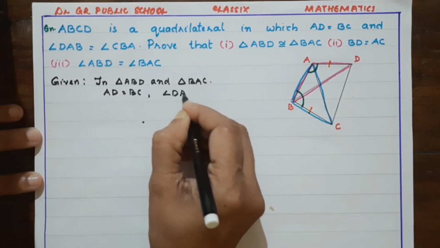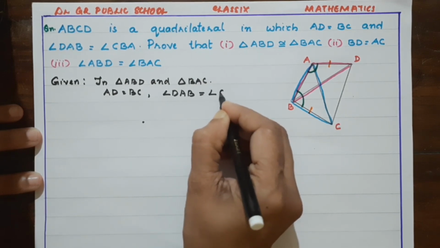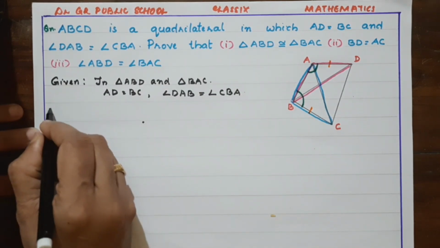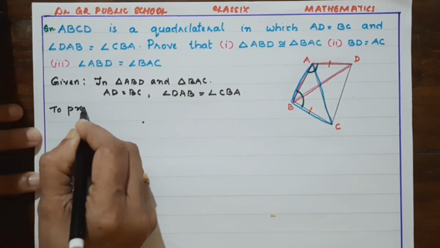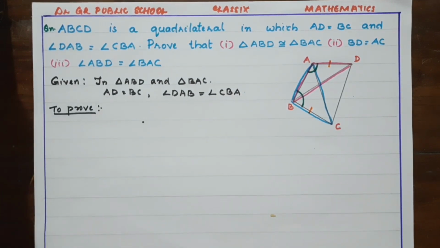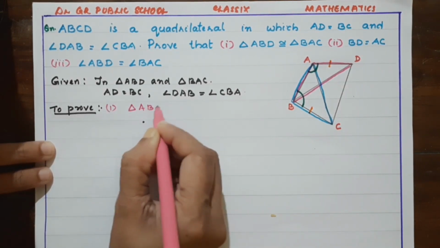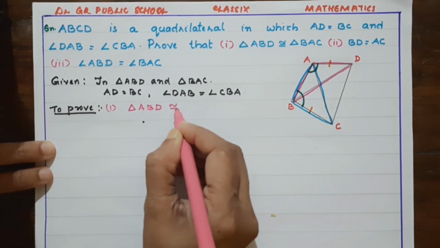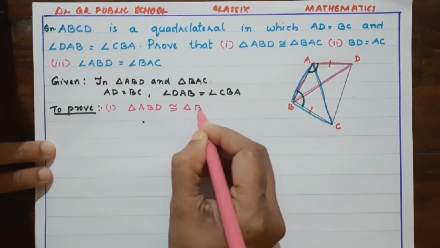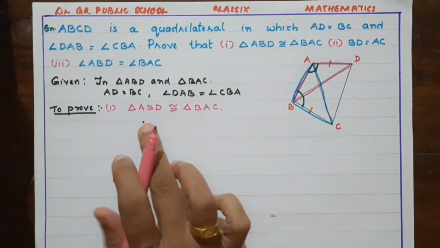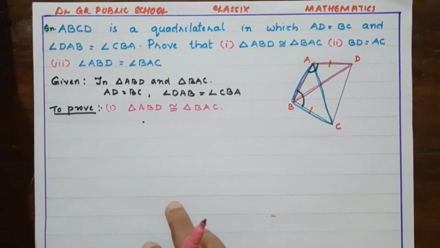Angle DAB equal to angle CBA. Okay children, this much is given. What is to be proved? Now to prove, first one, triangle ABD congruent to triangle BAC.